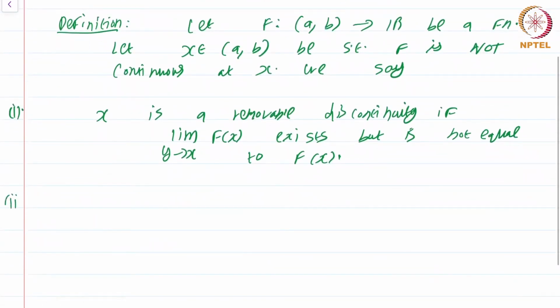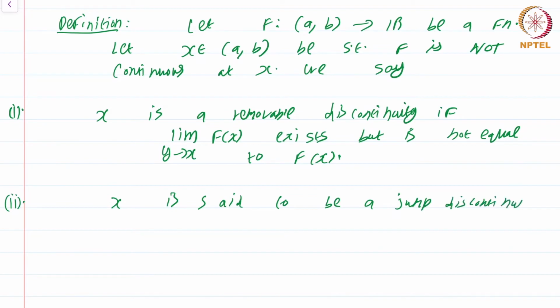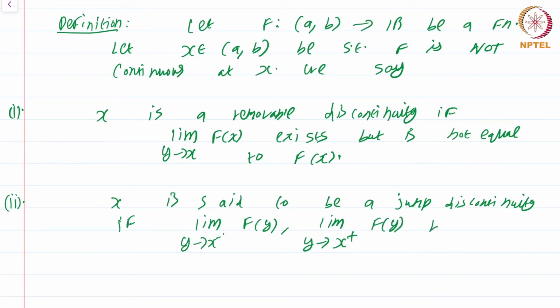Number two, x is said to be a jump discontinuity if the limit as y going to x from the left of f(y), comma, the limit as y going to x from the right of f(y), both exist but are not equal.